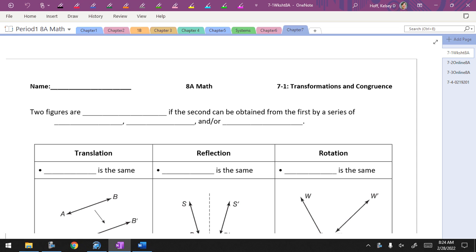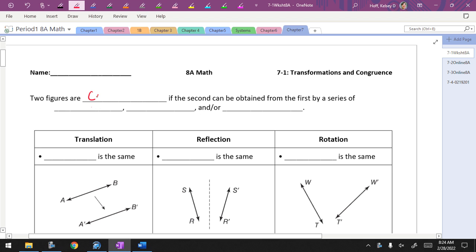So let's take a few minutes of notes here. Two figures are congruent if the second can be obtained by the first. Congruent means they are the same size and same shape. Okay?